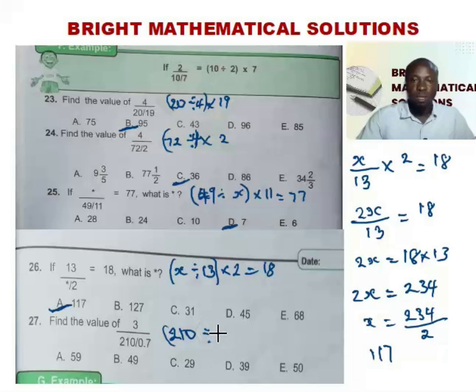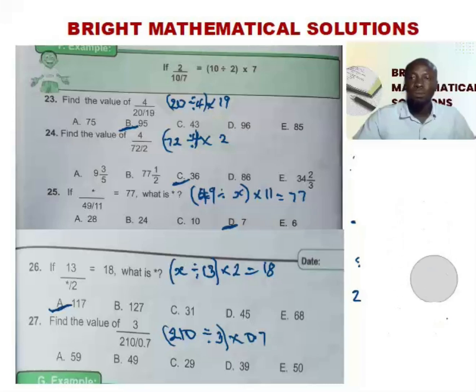And last but not the least, we have 210 divided by 3 multiplied by 0.7. Let me rub this part off. So you can then say 210 divided by 3 multiplied by 0.7.